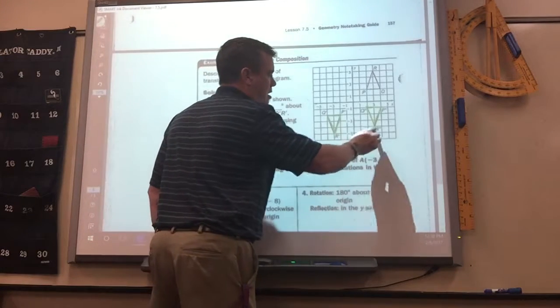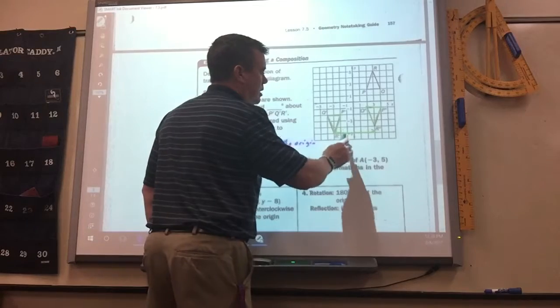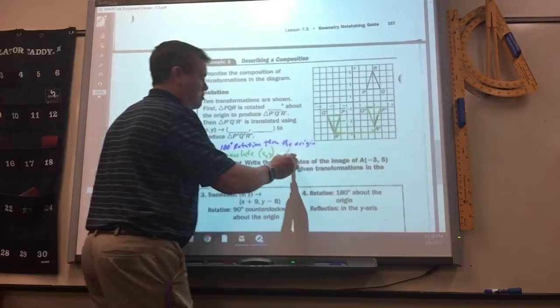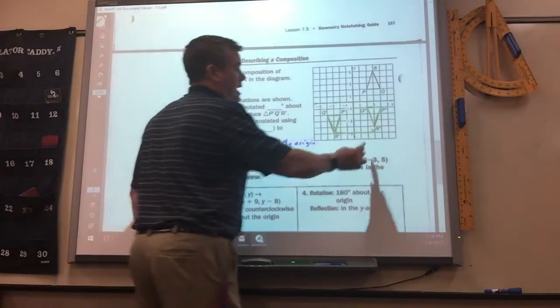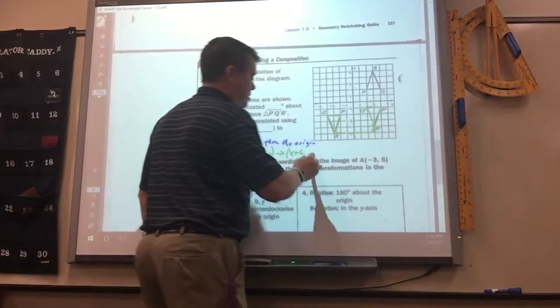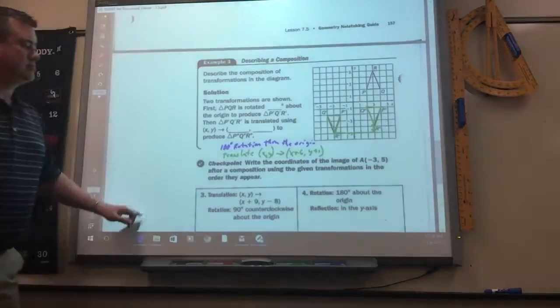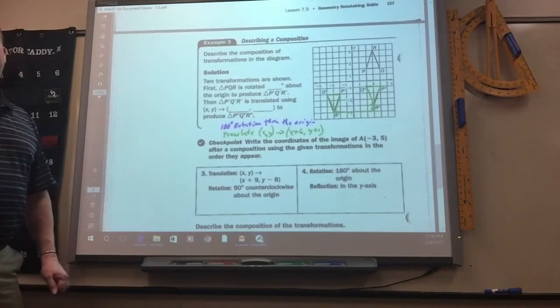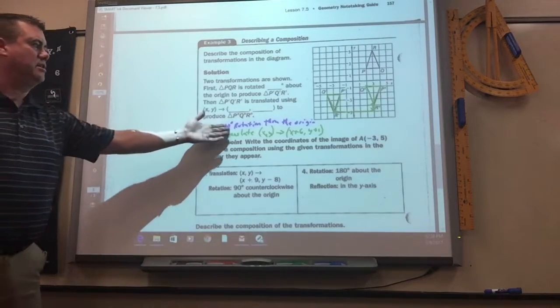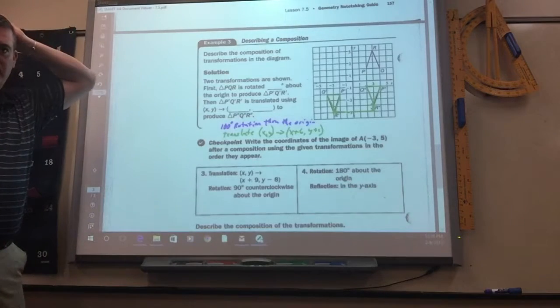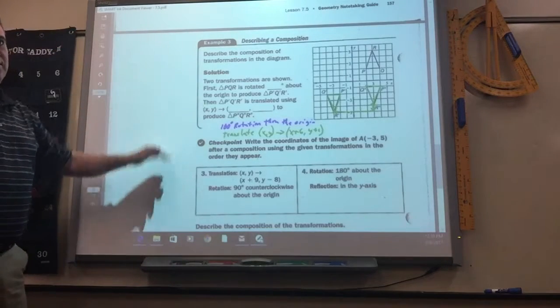So like from R to R prime, I have to go over 6, so you put X plus 6. And then I just have to go up 1, so it'd be Y plus 1. Okay? The rotations are the hardest one to describe. Translations are easy. Reflections are easy.